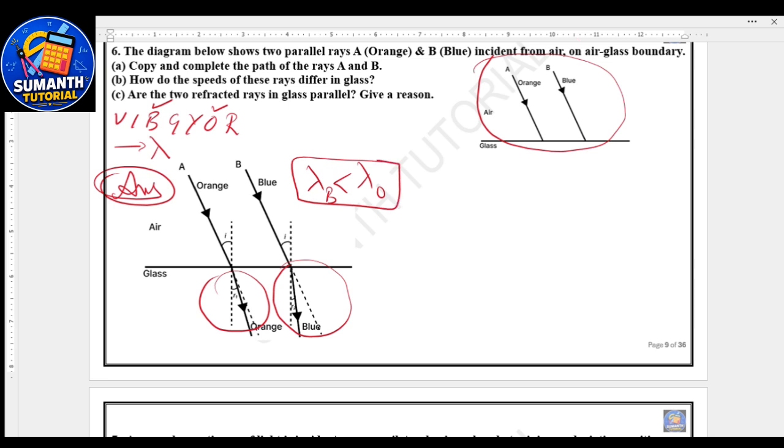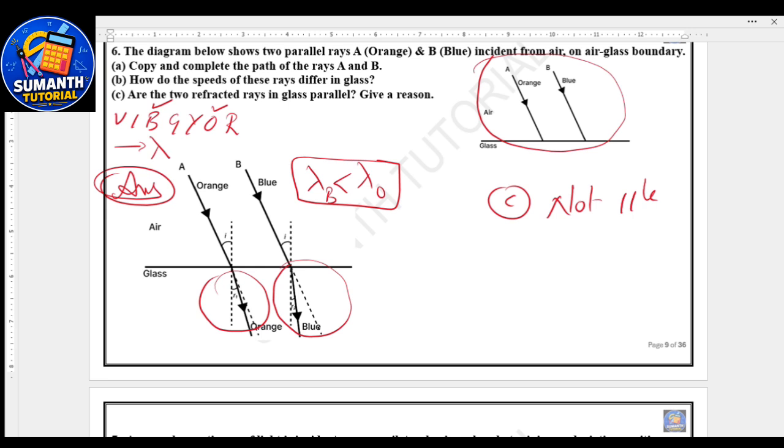Then the last one. Are the two refracted rays in glass parallel? That you have to answer. Obviously, this is not parallel. So the answer for C is not parallel.